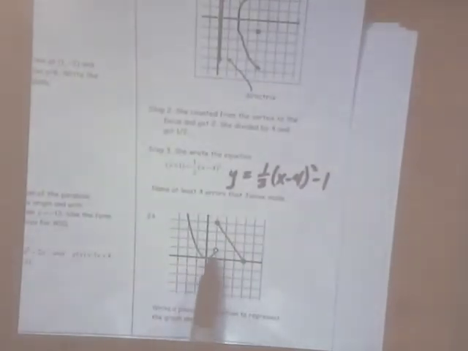How far left and how far right? Negative infinity to 1. So x less than 1. Does that work? Yeah. Notice I didn't put or equal to, because it doesn't include it, it's got a hole there.